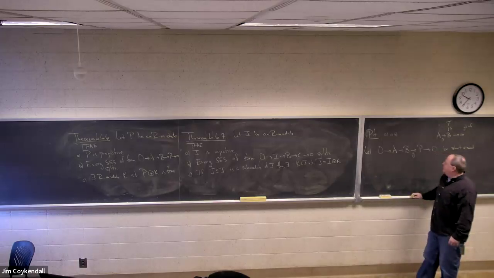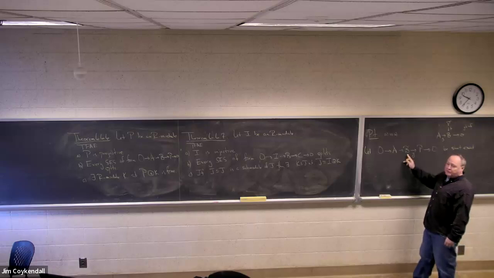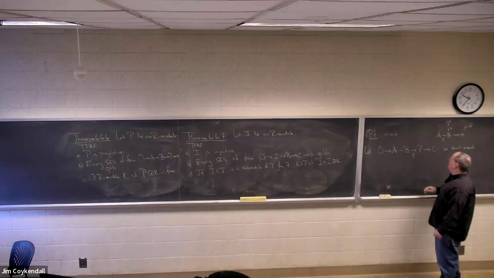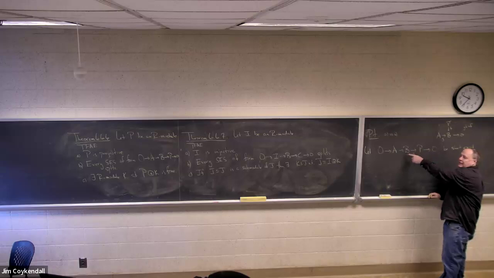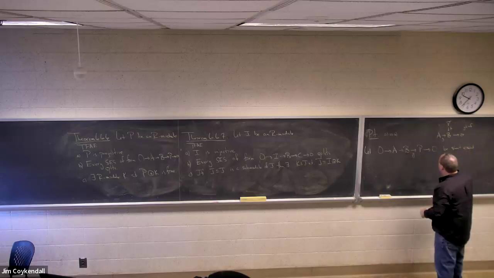You can show this splitting anywhere, right? You can show that there's a homomorphism from B to A, such that when you do this and that, you get the identity on A. There's a homomorphism from P to B, such that when you do this and that, you get the identity on B. It seems like I should probably key on this because this is where the information goes along.